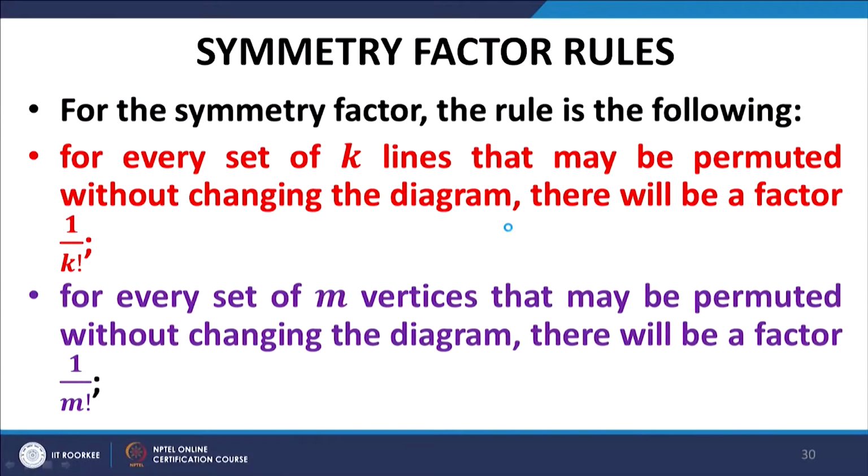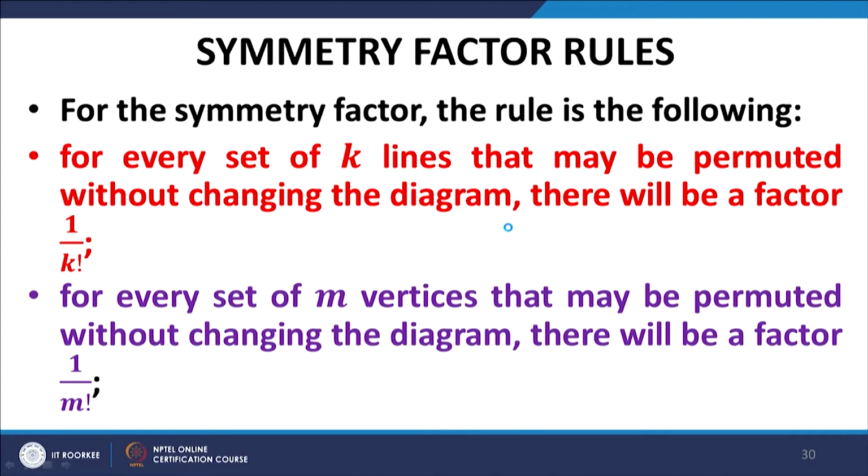These are important. For every set of k lines which can be permuted without changing the diagram, there will be an added factor of 1 upon k factorial. For every set of m vertices which can be permuted without changing the diagram, a factor of 1 upon m factorial will be added to the value of the diagram.